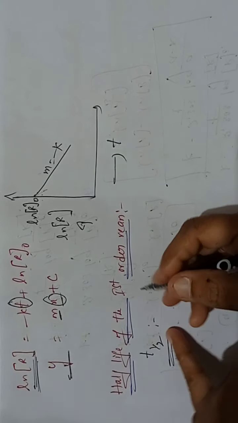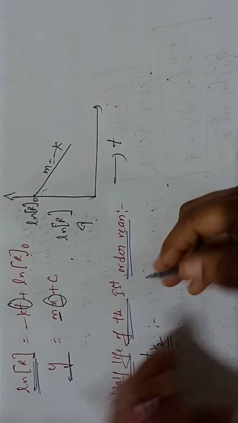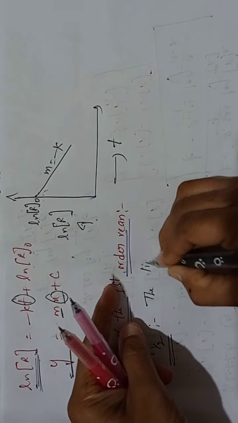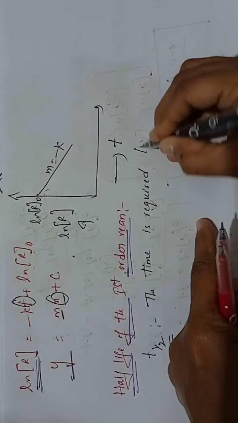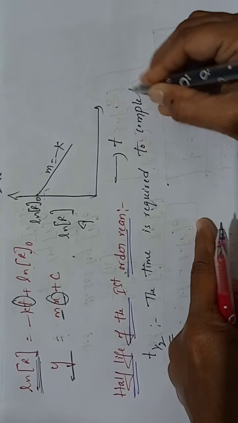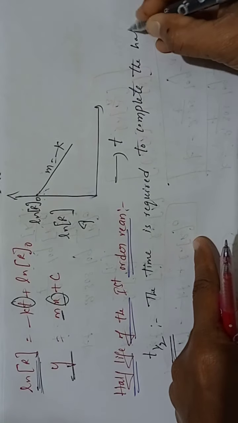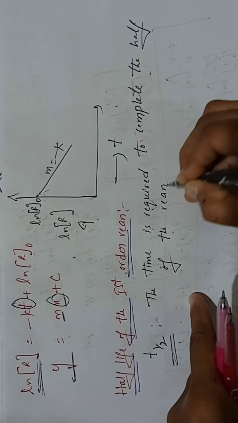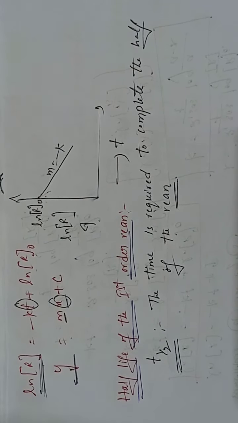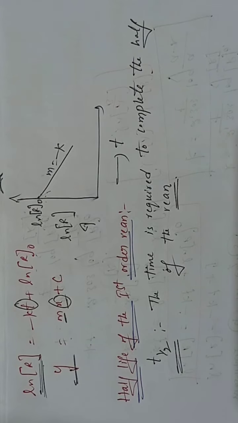What is t half, students? The time required to complete half of the reaction. To complete half of the reaction, how much time is required? That is nothing but t half, students.